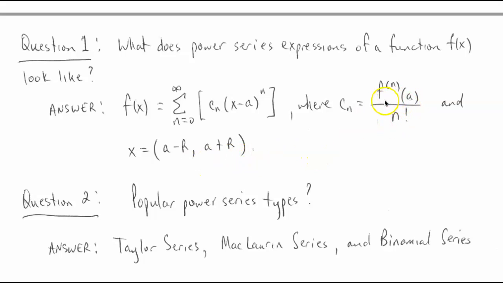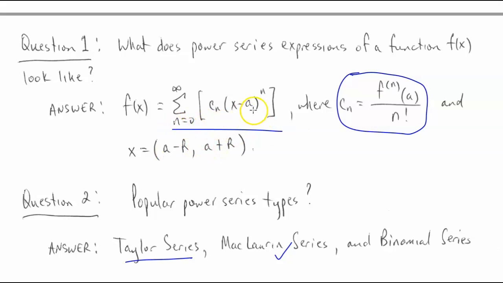And of course, whenever we use this type of calculation for the power series, the power series that we're actually talking about is a Taylor series. Okay, and we also know that another popular type of Taylor series is a Maclaurin series, which is essentially just a Taylor series that is centered about 0, or we let A equal 0 in this case. So it's just this same power series where we let A equal 0.